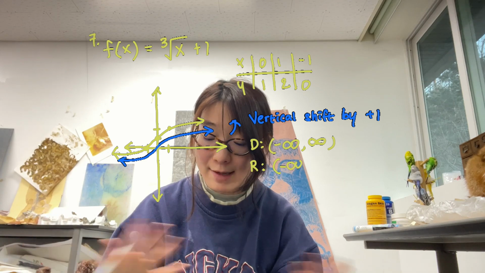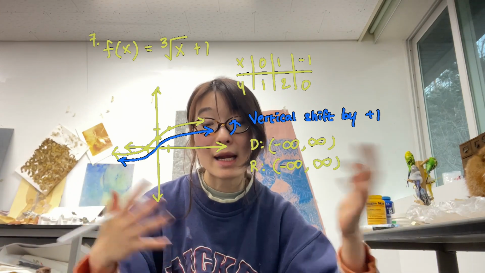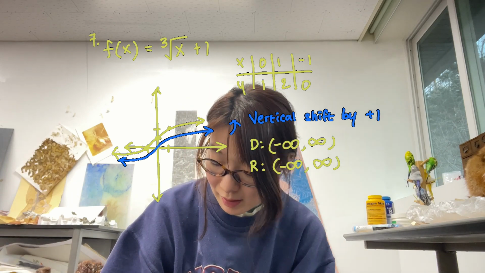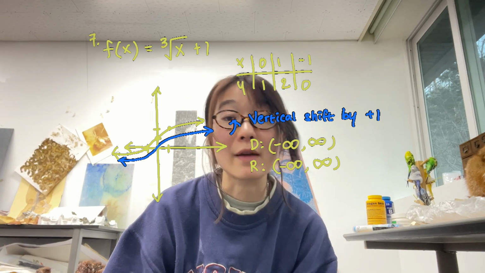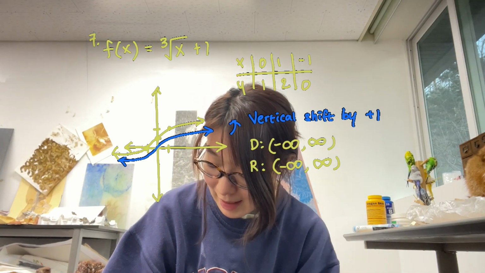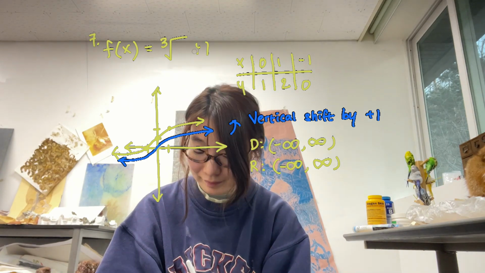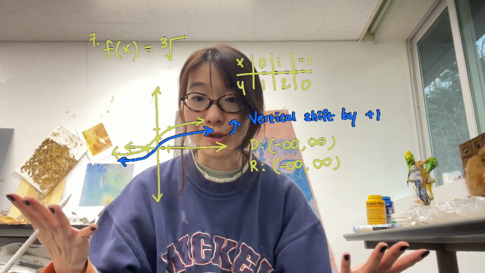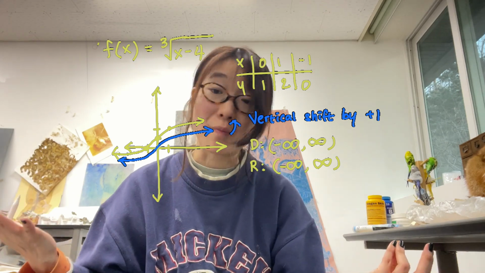My domain would encompass all negative and positive real numbers, so domain is negative infinity to positive infinity, and my range would also be negative infinity to positive infinity. My vertical shift did not have any impact on my domain and range.